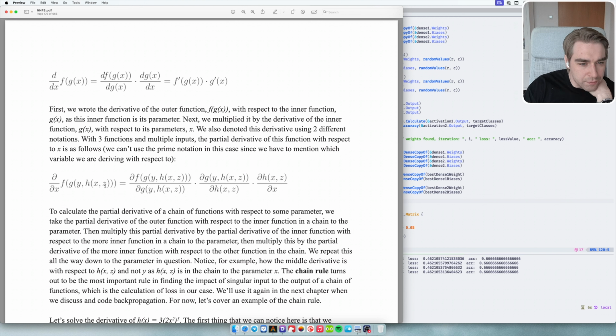So we take the first derivative of the outer function, then multiply it by the derivative of the inner function.